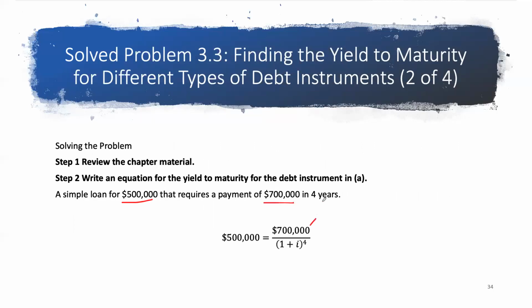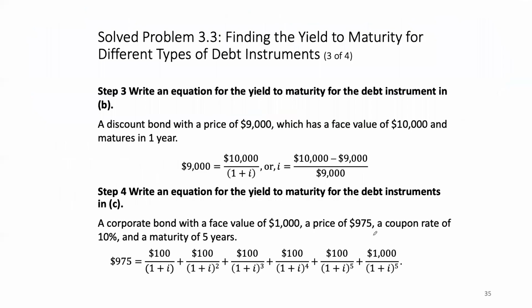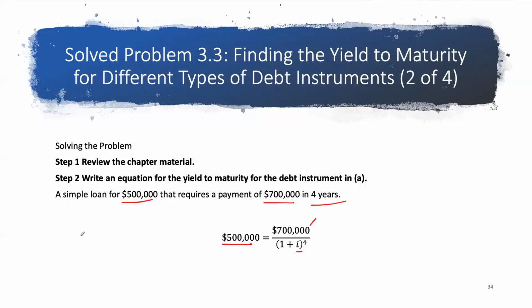That's the future value, but this comes in 4 years, so it is discounted by 1 plus I raised to 4. So this is the discounted value of $700,000 that needs to get repaid in 4 years' time, and the value of that loan today is $500,000. So I can set it up and solve for I, right? Essentially it's the 4th root of 7 over 5, minus 1. I'm just setting it up, so you can go ahead and solve it.